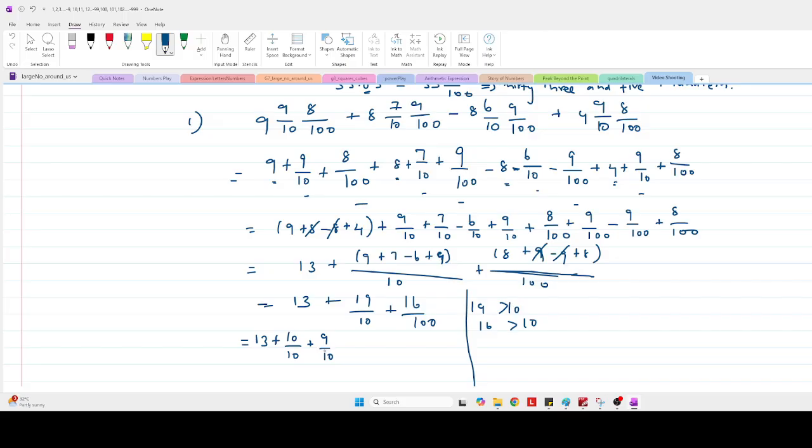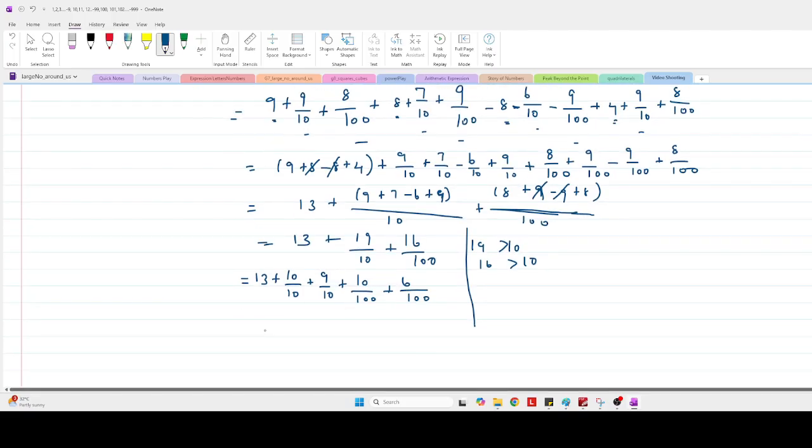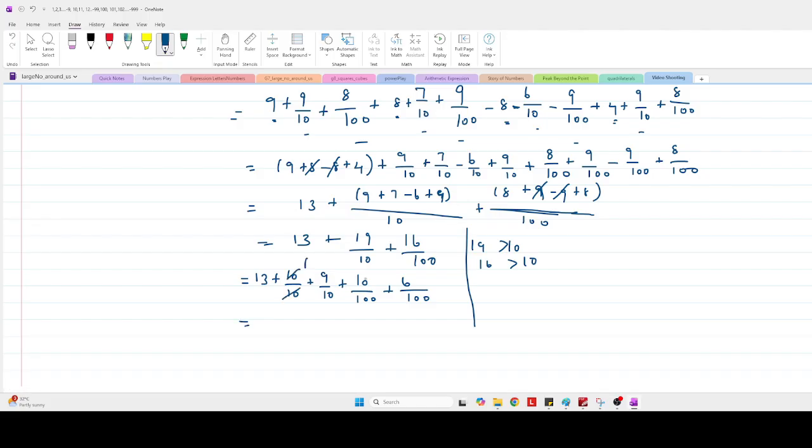Here it is 9, so I left it as it is. Suppose this value is 29, then 10 by 10 plus 10 by 10 and then 9 by 10. So I split it as 9 by 10. Then 10 by 100 plus 6 by 100, right? So now this 10 and 10 cancel, so we have 1 remaining. This 0 and this 0 cancel.